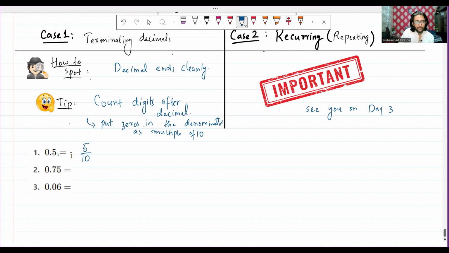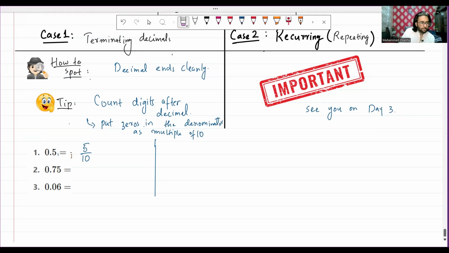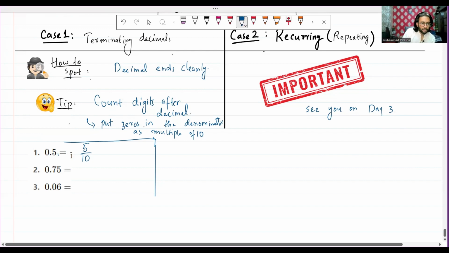Here's what I mean by that. I'm trying to be neat here. So, for example, one decimal place would mean 10. 2 decimal places would mean 100. 3 decimal places would mean 1,000, and so on.